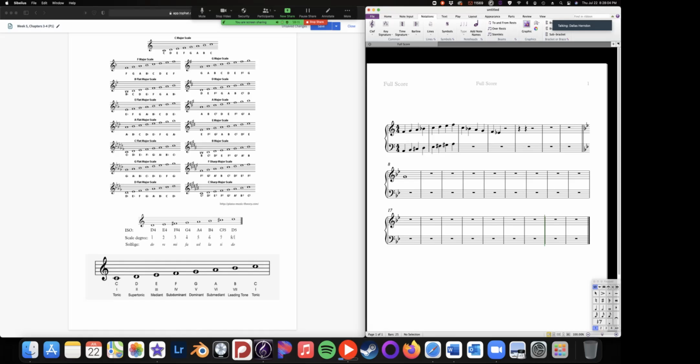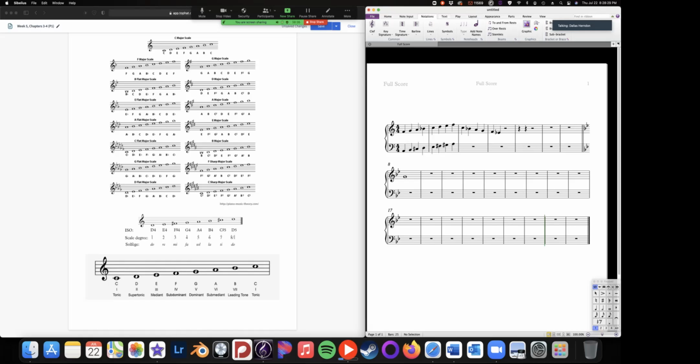B flat, C, D, E, F, G, that brings me to 6, okay? And that tells me that G is the 6th scale degree in B flat major. And if it's scale degree 6, that means the solfege would be la, and the terminology for that would be the submediant.